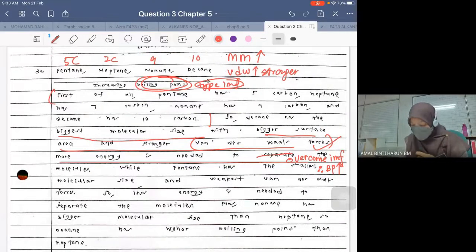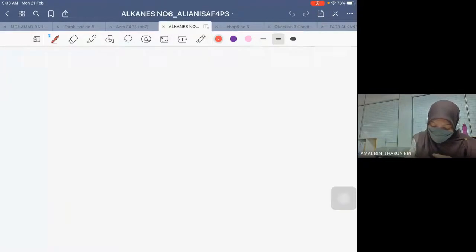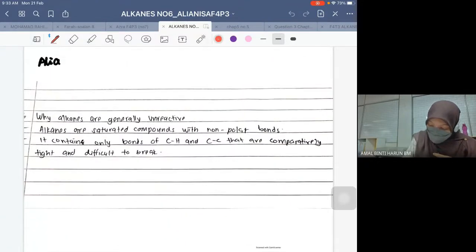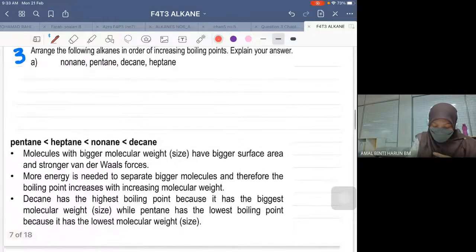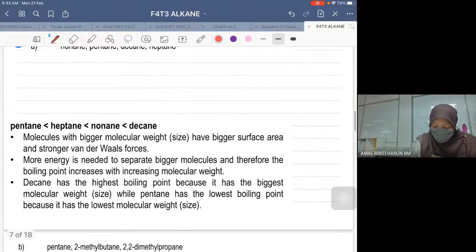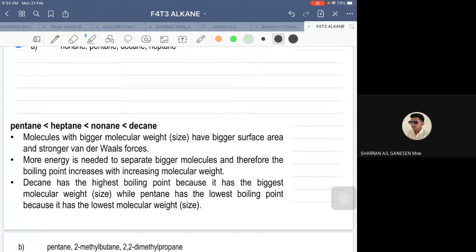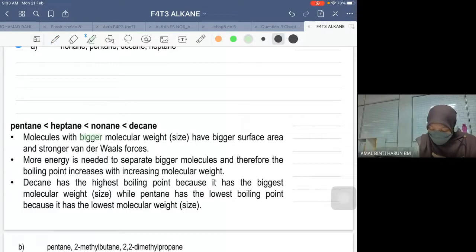So you need to mention, okay, tengok Sharon. Yes, madam. Molar mass, bigger molecular weight or size, surface area getting higher, and then van der Waals getting stronger. Therefore, more energy is required.